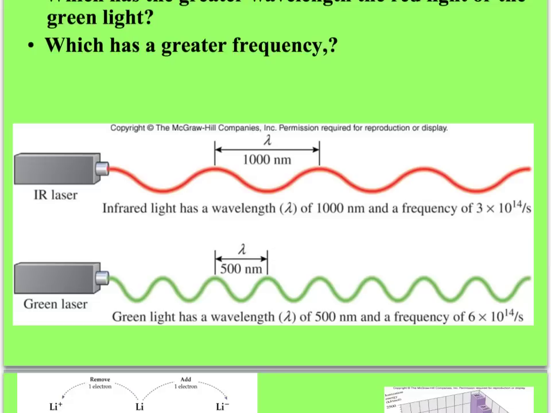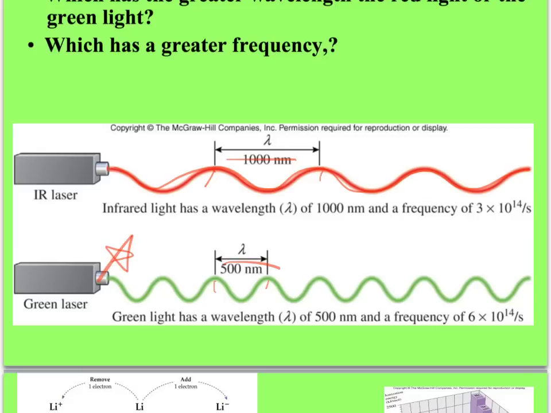Okay, which one of these has a longer wavelength? You can just look at them and tell without even looking at the numbers, because the numbers do tell you which one's larger. But do you see how this wave is spread out? It's got a longer wavelength from this crest to this crest here. And this one's a shorter wavelength. And then which one has a higher frequency?